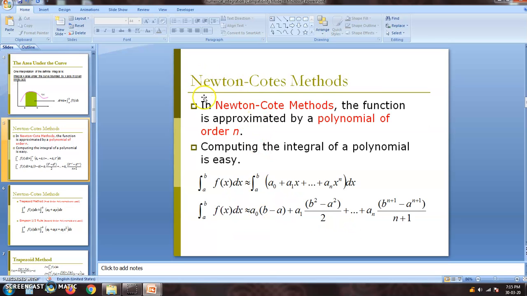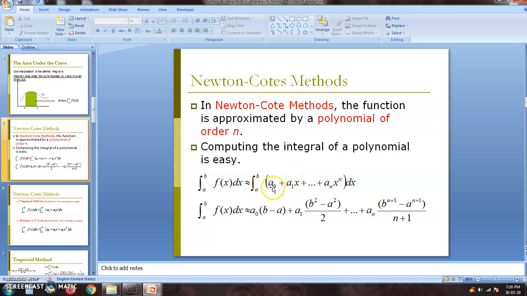Now, this is a set of formulas suggested by Newton-Cotes, known as Newton-Cotes methods for calculating integration. What we do is we try to fit a function to the given data points, in the form of either a polynomial of order n or a linear function.